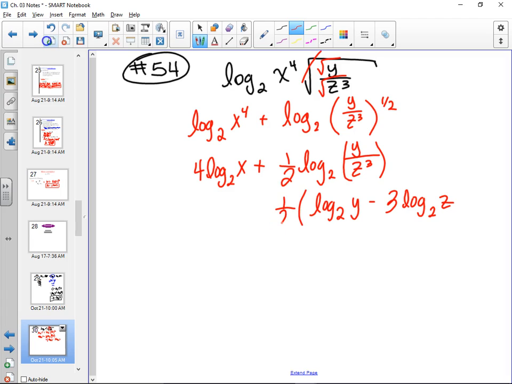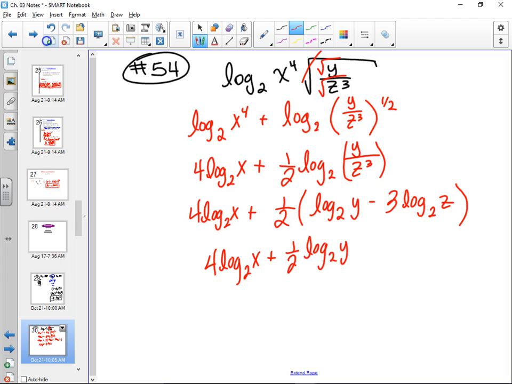It's in parentheses with a 1/2. So either way you do it, the 1/2 is going to go to both. It either goes to both here and then it comes down, or it goes to both once you bring it in. So then I have my 4 log base 2 of x, and to finish off, they probably don't like the little 1/2 with the distributing, so they just bring them in. Or I should say with the parentheses.